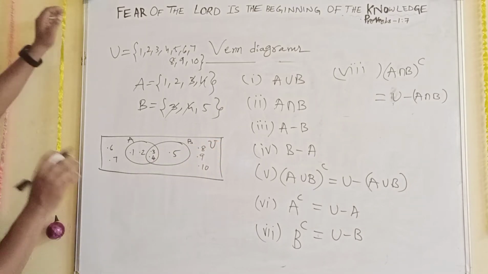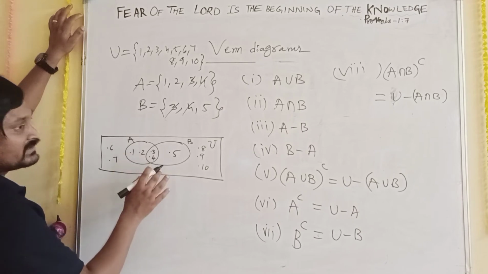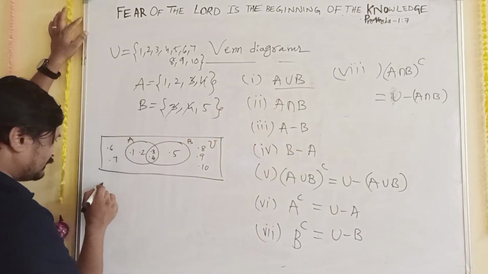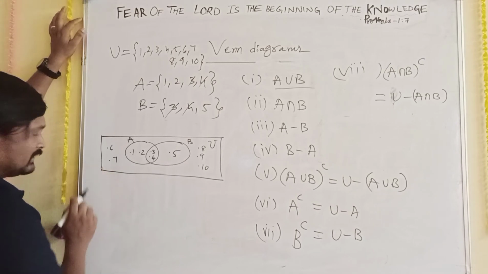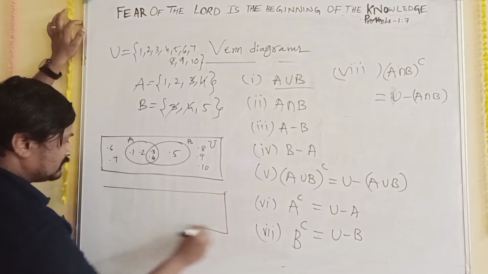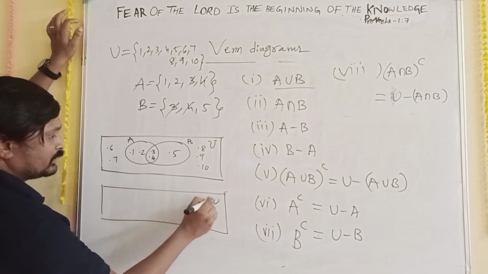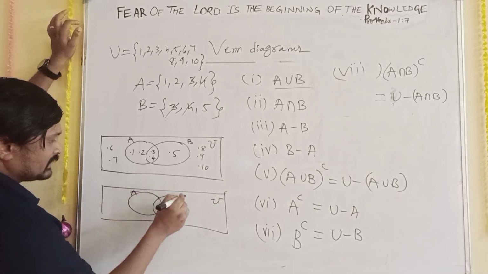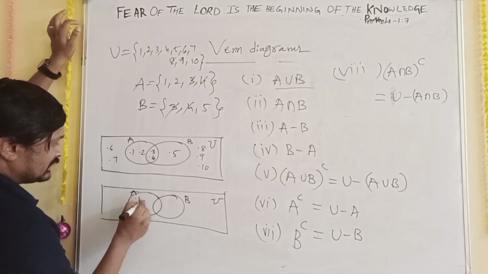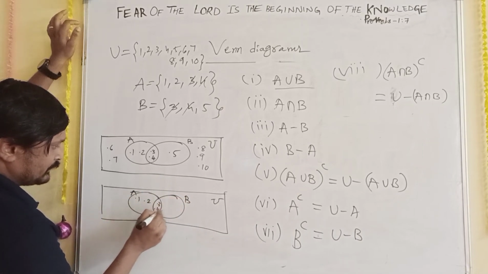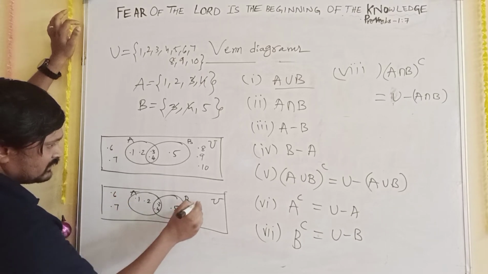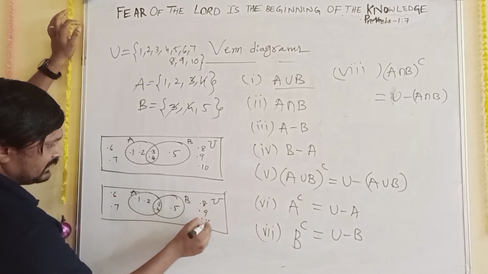Now, from this, we need to find first A union B. So let me draw the A union B diagram now. A, and this is your B. 1, 2, 3, 4, 5, and 6, 7, 8, 9, 10.